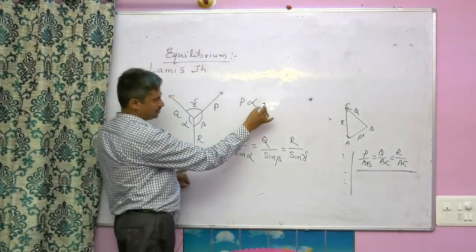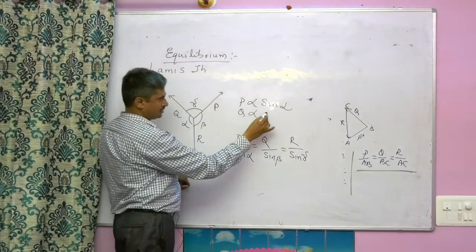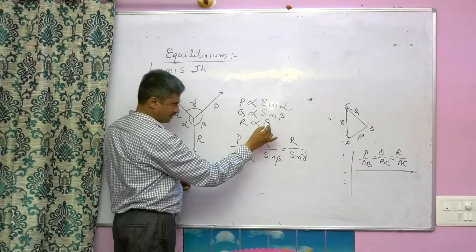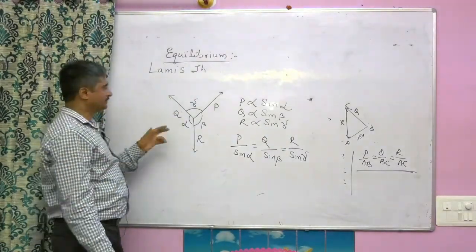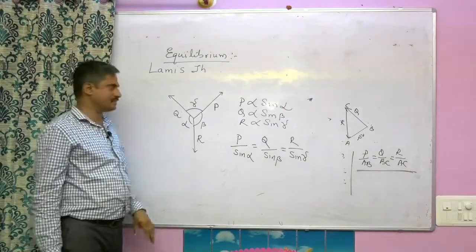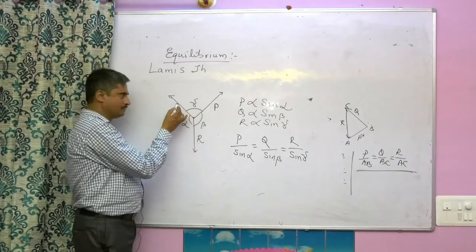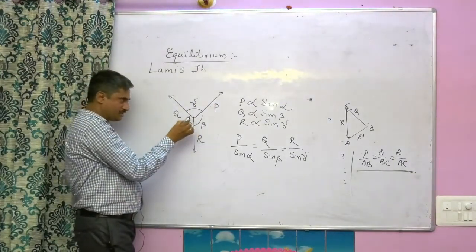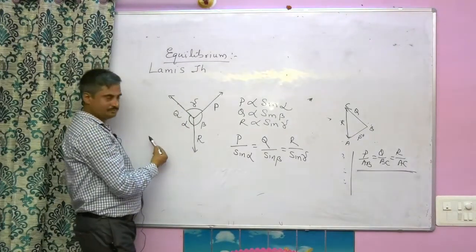P is proportional to sin alpha, Q is proportional to sin beta, and R is proportional to sin gamma. So the statement is like this: if three forces acting at a point are in equilibrium, then each force is proportional to the sin of the angle between the other two.